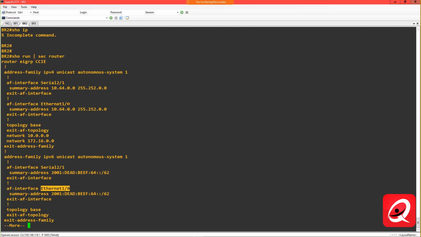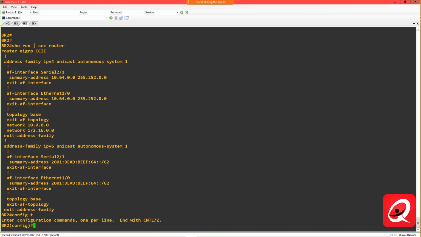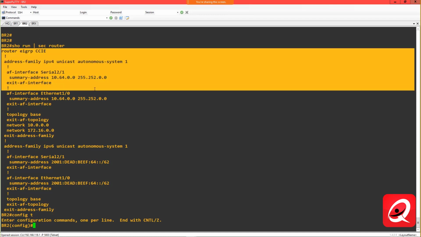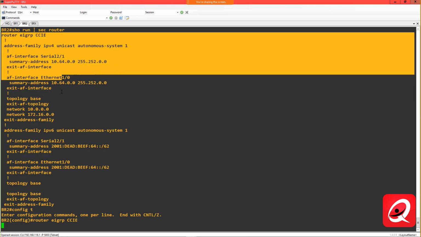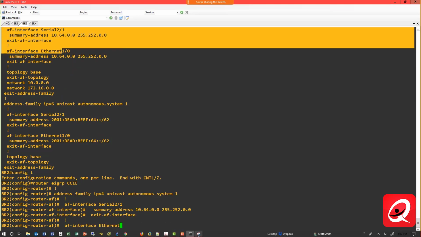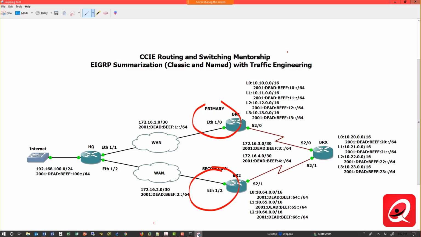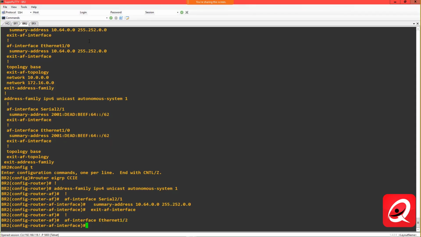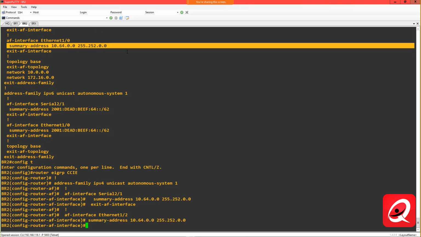All right. Obviously, it's not Ethernet 1.0, so we're going to have to change that. Let's go into Ethernet. Let's see here. Make sure I get it right this time. But this is kind of a good point.